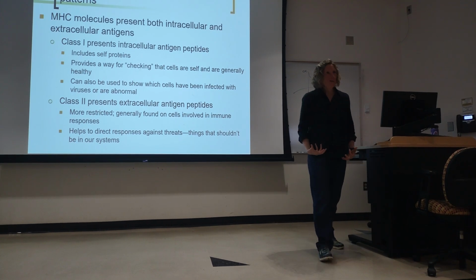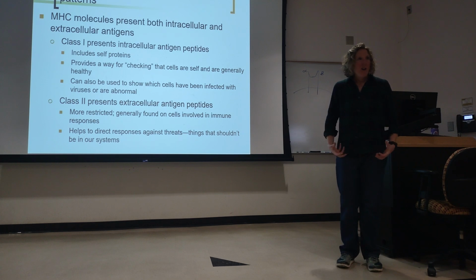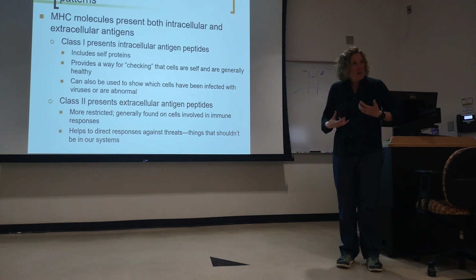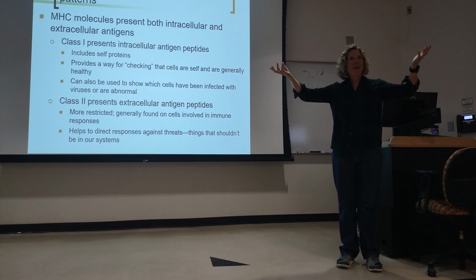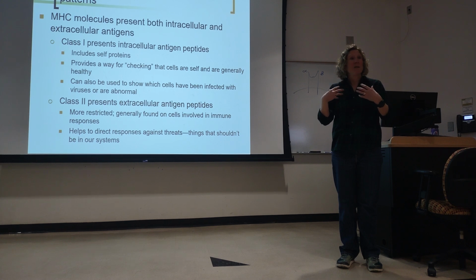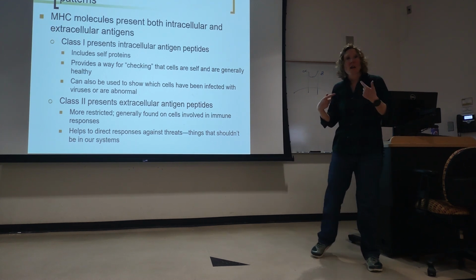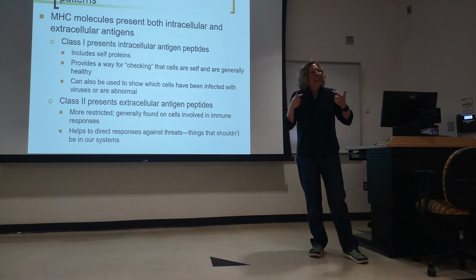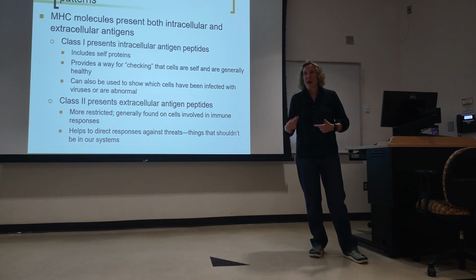Okay. So all of our nucleated body cells sample some of the proteins that are being made inside them and display them on their surface to show the outside world what's going on inside us, so that our immune system can know that inside the cells are healthy and happy, that everything is going right.